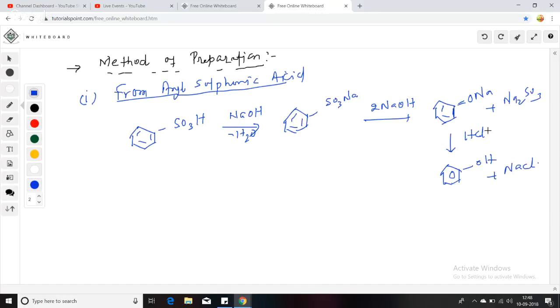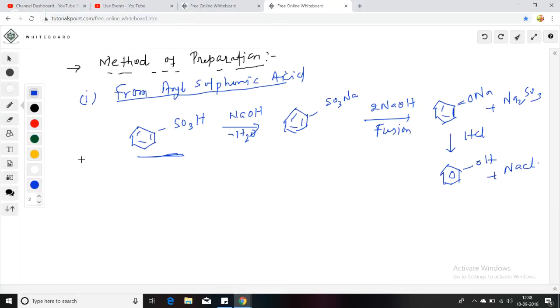So in this, first we get the sodium salt of aryl sulfonic acid, which on fusion with NaOH forms C6H5ONa, sodium phenoxide, which on acidification with HCl gives phenol. This is the first method of preparation we have.